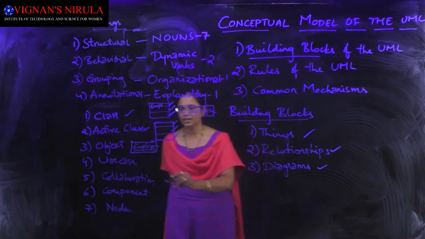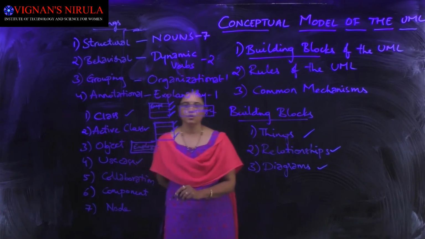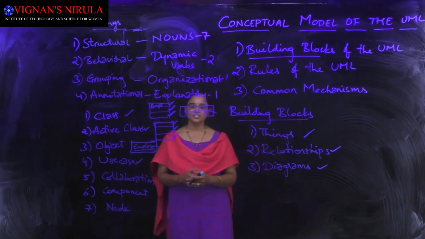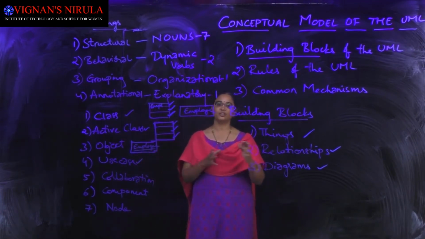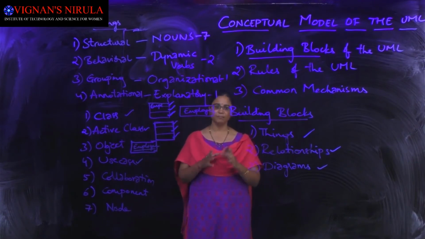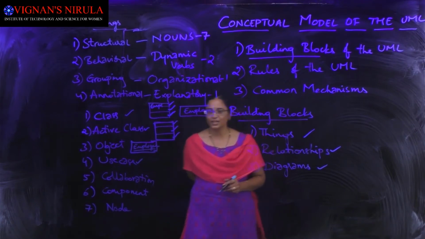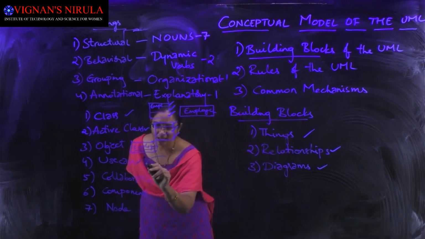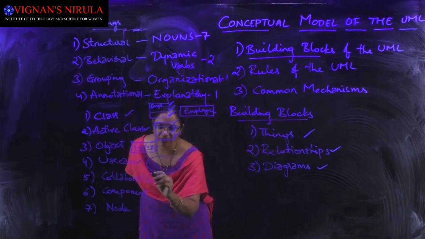Coming to the next one, that is use case. What is the use case? Use case here is used to represent a scenario. If you want to represent a scenario in a particular model, then you can use this use case diagram. Graphically, it is represented by an ellipse symbol with the name in it.